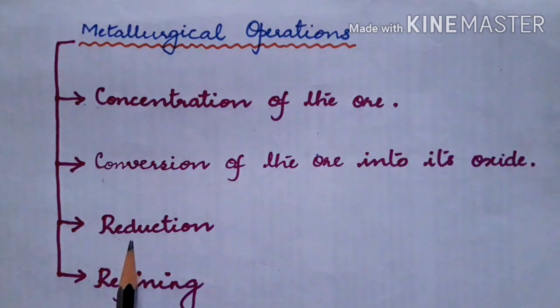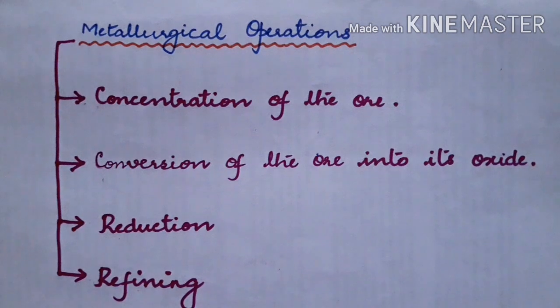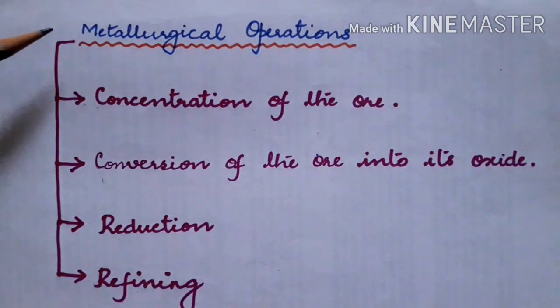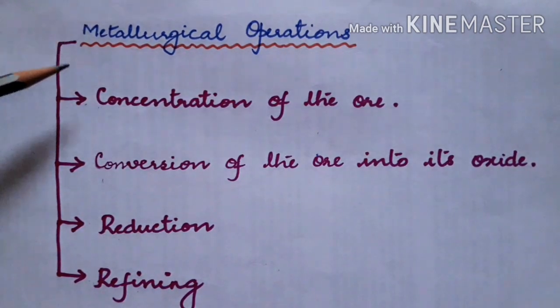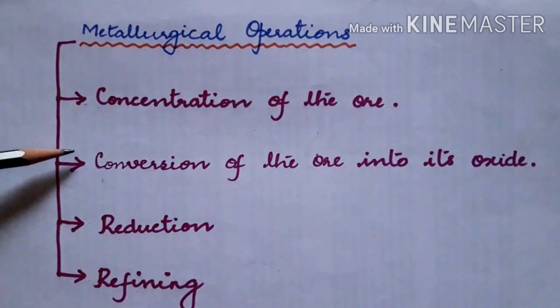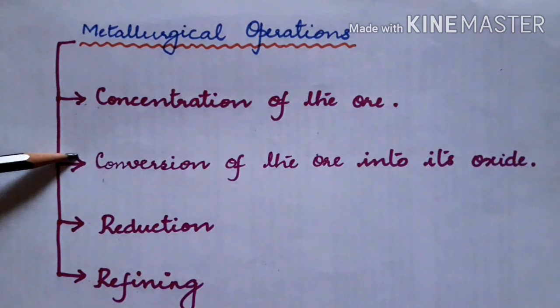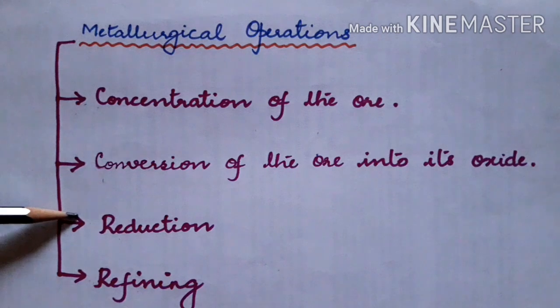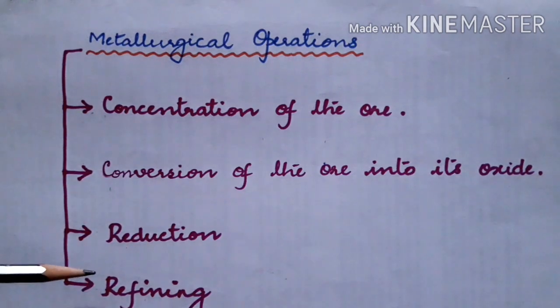And finally, whatever impurities are present are removed by a purification process, which is known as refining. So the main metallurgical operations are concentration of the ore, conversion of the ore into its oxide, reduction of the ore, and finally refining of the metal.